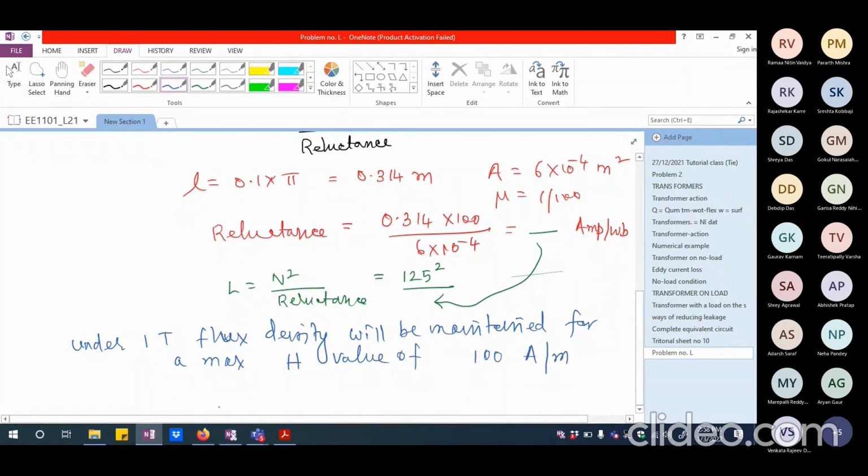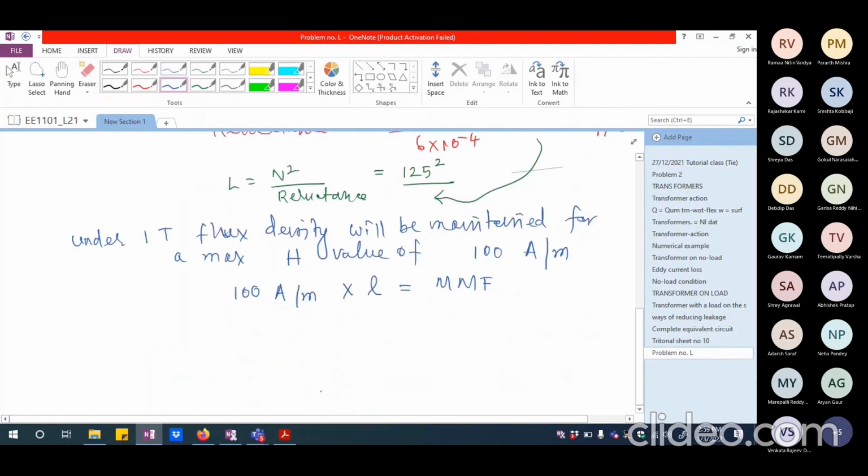So in which case I can say 100 ampere per meter multiplied by the length of the magnetic circuit will give me the total MMF, what will maintain a flux density slightly under 1 Tesla. So I should be able to write this as 100 multiplied by 0.314, so I'm going to have 31.4 as the MMF value.